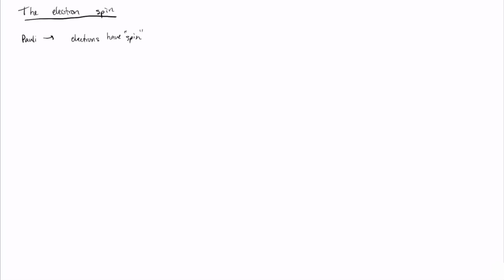And what we mean by spin is really we just mean that the electron has an inherent angular momentum that has nothing to do with the orbit that it's in. It has nothing to do with whether it's in an s shell or p shell or so on. It just has its own angular momentum, almost as though it were spinning in space.